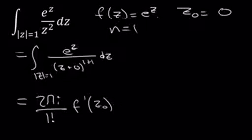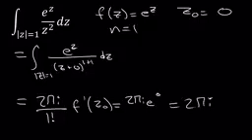The derivative of e to the z is just e to the z, so nothing changes. And so this is really in turn 2 pi i, and we're not going to include the 1 because 1 factorial is 1. And this just becomes e to the 0, which is just 1. So again, we're left with 2 pi i.